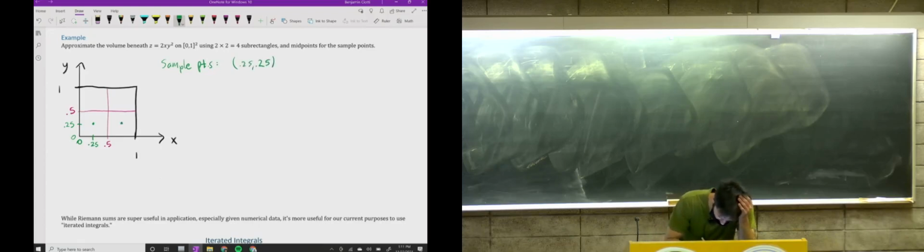Next, the y-coordinate will be the same right here, but the x-coordinate will be the midpoint of 0.5 and 1, which is 0.75. So my second sample point will be 0.75, 0.25.